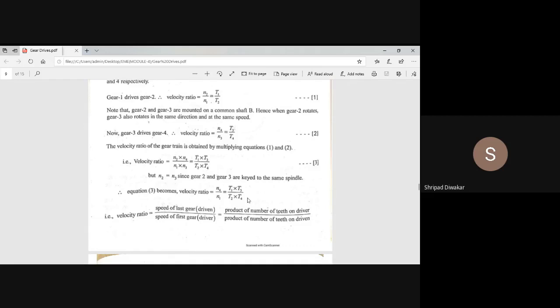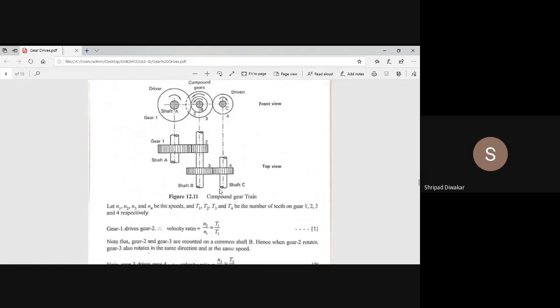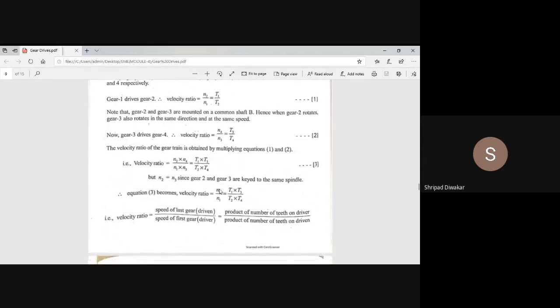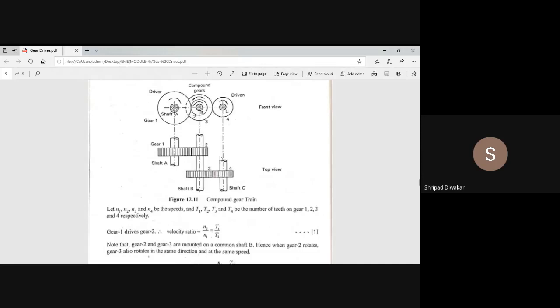Okay. So, we can write in terms of speed of last gear. Speed of last gear means speed of the driven gear, divided by N1, the speed of first gear, equals T1 into T3. T1 is our driver gear and T3 is also a driver gear, because gear 3 drives gear 4 and gear 1 drives gear 2.